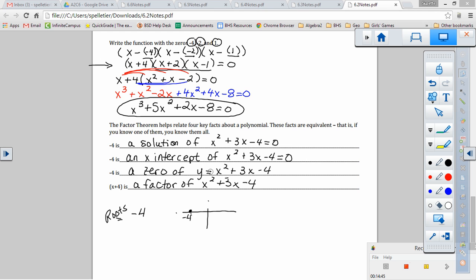I know that I have an x-intercept, right, because it's crossing the x-axis at this point. If I know that it's a root, I know that it's 0, because a root, an x-intercept, a solution, right, is 0. These are all exactly the same thing. And I also know that I have the factor x plus 4, right, because I know that that root comes from that factor. So just by knowing one root, I have a 0, an x-intercept, I have a solution, and I know a factor. So it's a lot of information you can get from one tiny little piece.